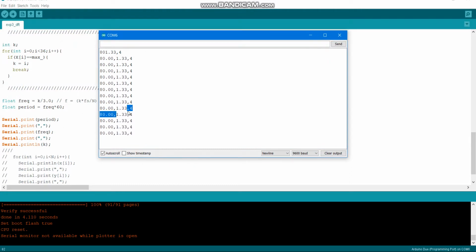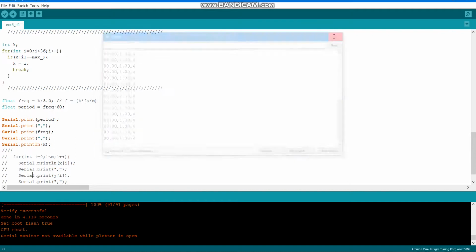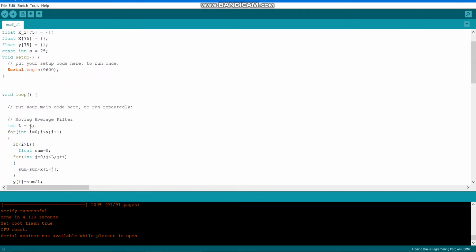Here we can see that the period is equal to 80 and the frequency is 1.33, which we found here as k by 3, and the k value is 4. That is, the index at which the maximum magnitude occurs is 4.